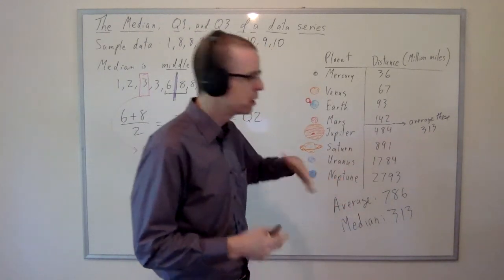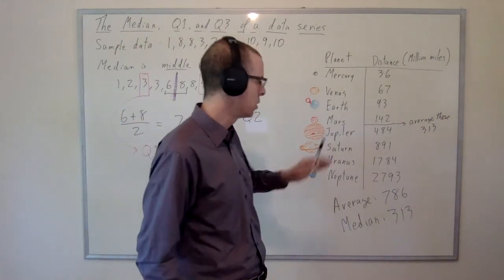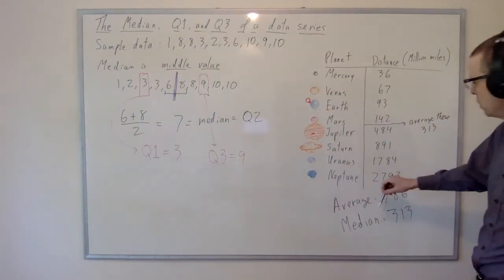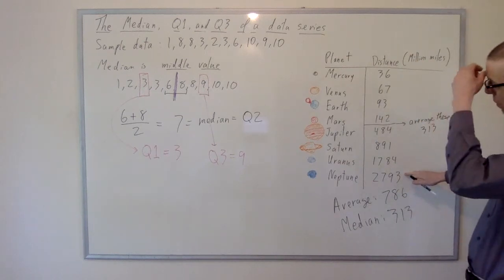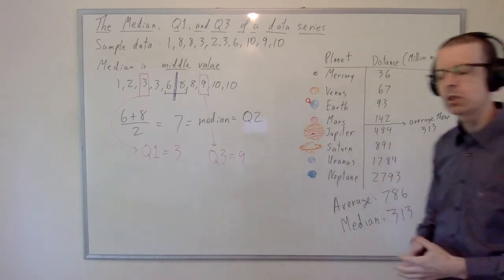Arguably, this average is kind of skewed or thrown off by the fact that Neptune is just so profoundly far away. Neptune itself contributes 2,800 to the sum when we add up all of these, and when we divide by 8, it's contributing more than 300 just to the answer here.